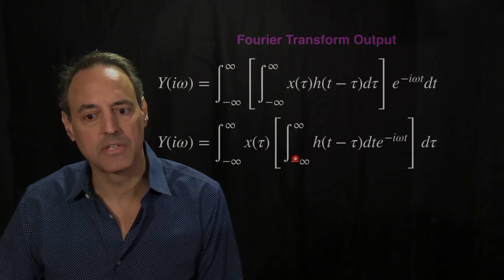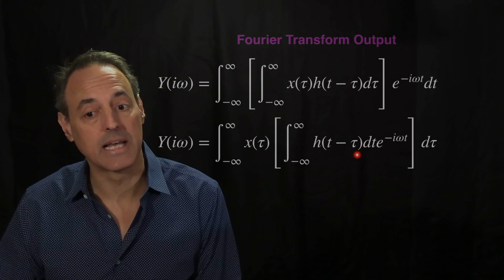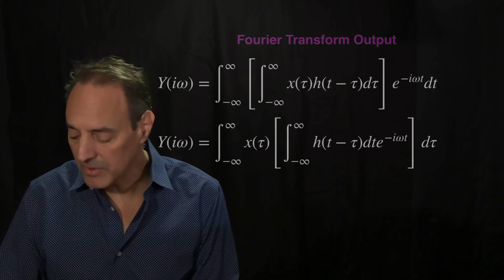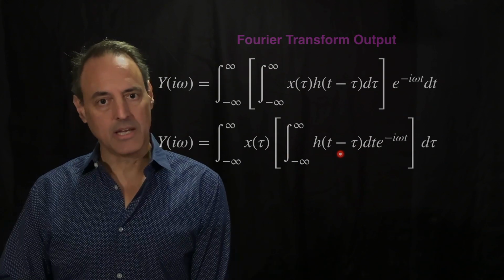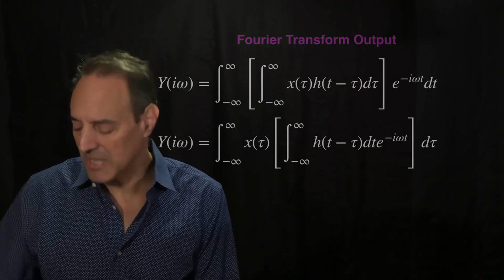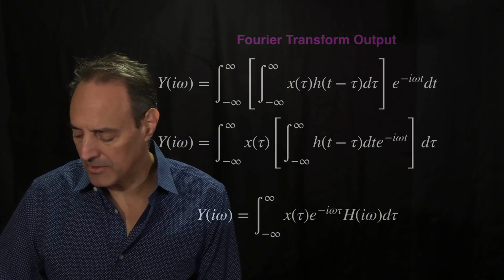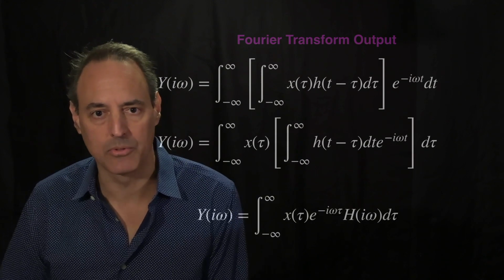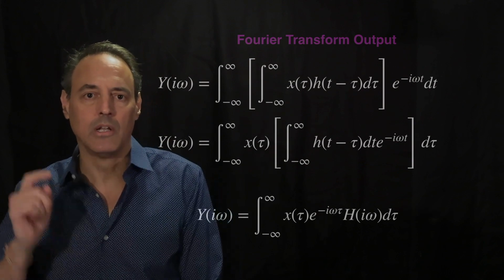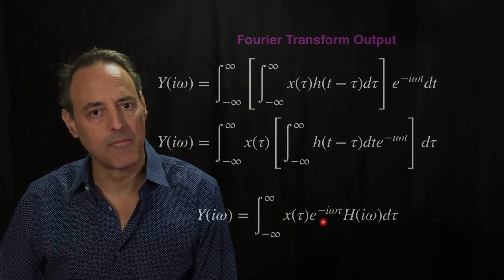Now the x of tau is out, and now I have an integral here of h of t minus tau d tau e to the minus i omega t. So what this is, it's actually the Fourier transform of h, except for now with a time shift with respect to tau. And in fact, then you can say, well, we already know what happens with time shifts. Time shifts are just leading to a phase shift. And so this is the phase shift I pick up from that.